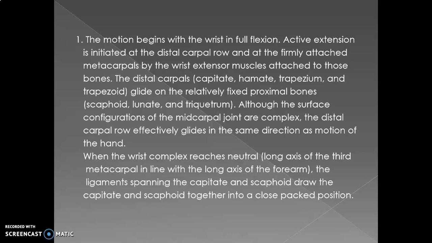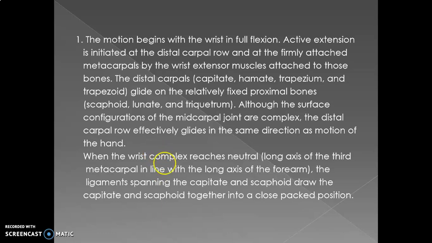When the wrist complex reaches neutral, neutral means the long axis of the third metacarpal is in line with the long axis of the forearm. So we are taking the third metacarpal, the middle metacarpal. If it is straight to the radius and ulna, that is the forearm, we can call it neutral.